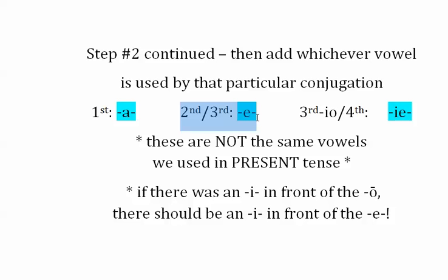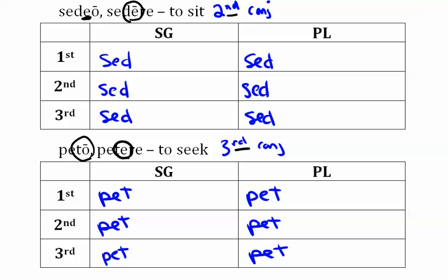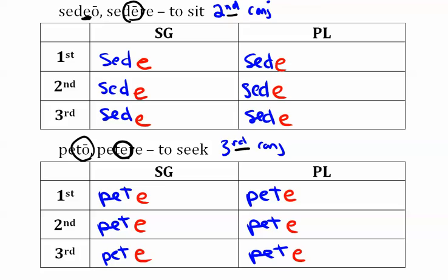So again, these are not the same vowels as present tense. Now we can go ahead and add that E onto both our charts. The E is going to come right after the stem, just like that. And you can see that so far, even though these are different conjugation verbs, in the imperfect, they look the same.